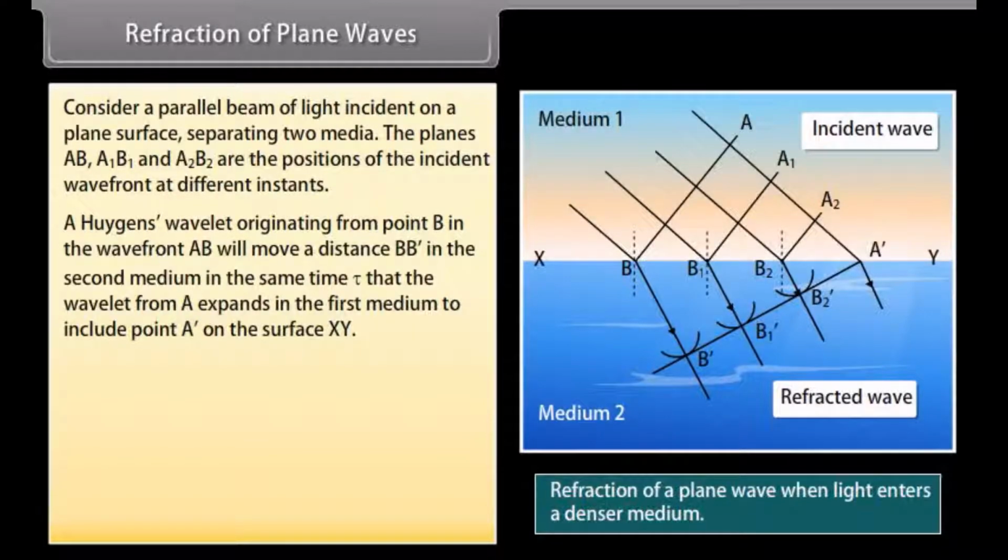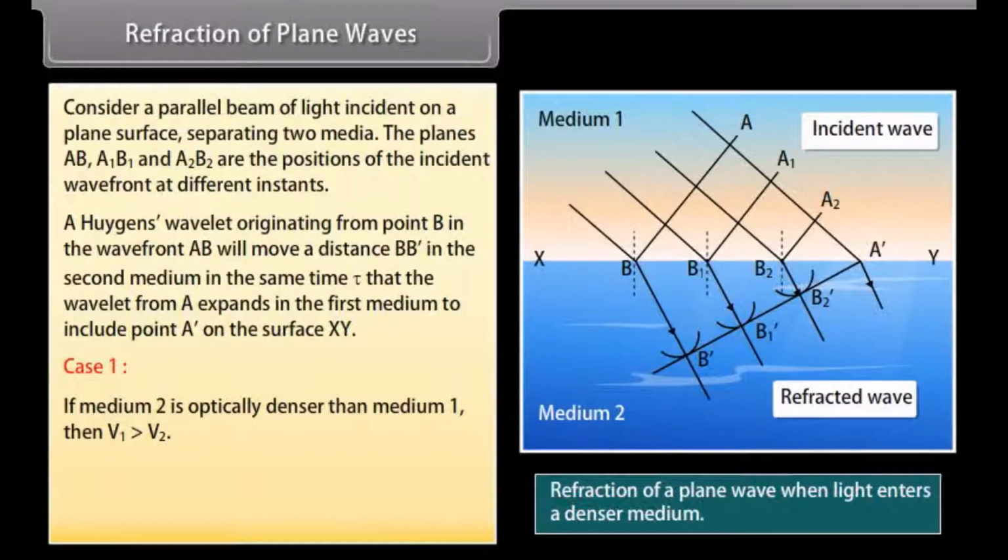surface xy. Since the two wavelets with radii AA' and BB' are not in the same medium, they move with different speeds, say v1 and v2 respectively. Case 1. If medium 2 is optically denser than medium 1, then v1 is greater than v2 and hence AA' is greater than BB'.